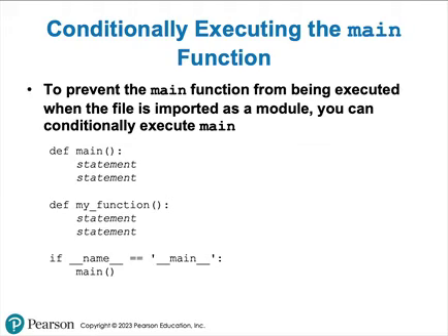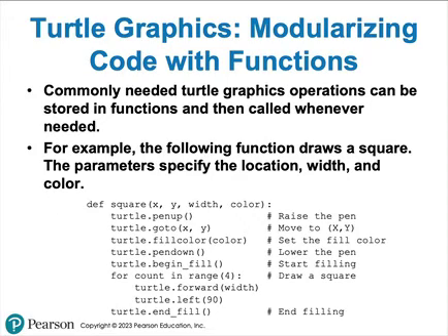Now then, as often is the case, we end up with some Turtle Graphics stuff related to topics. So we're going to do modularization of code related to Turtle Graphics. Here they're taking the statements that you would often do to draw a square, and instead of every time you want to draw a square repeating a very similar section of code over and over again, they're defining a function called square.